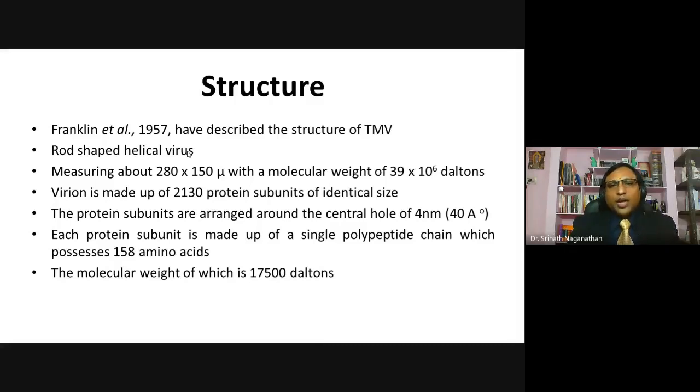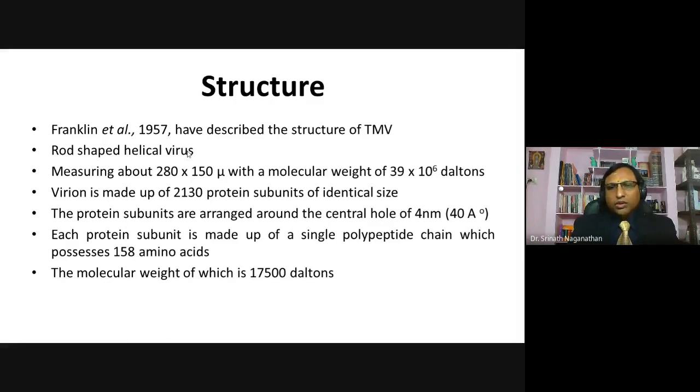It is a rod-shaped helical virus, measuring about 280 by 150 nanometers, with a molecular weight of 39 into 10 to the power of 6 daltons. The virion is made up of 2130 protein subunits of identical size. What I am calling the virion here is the capsomeres, the structures which are there.